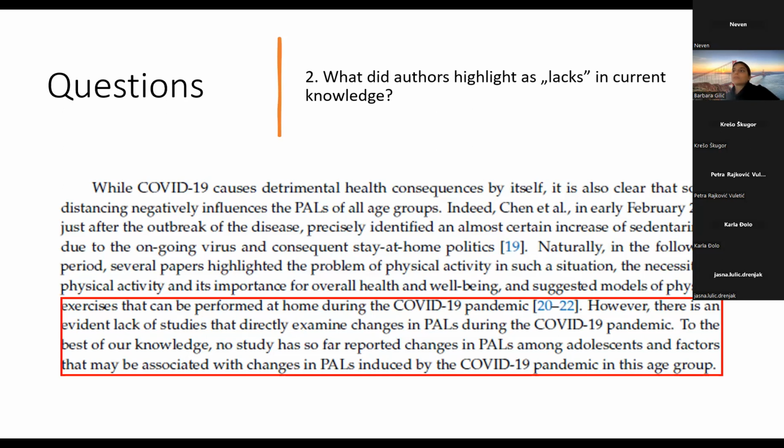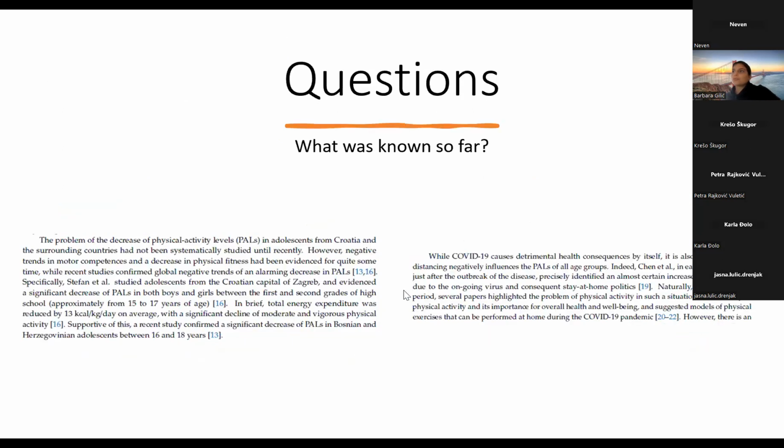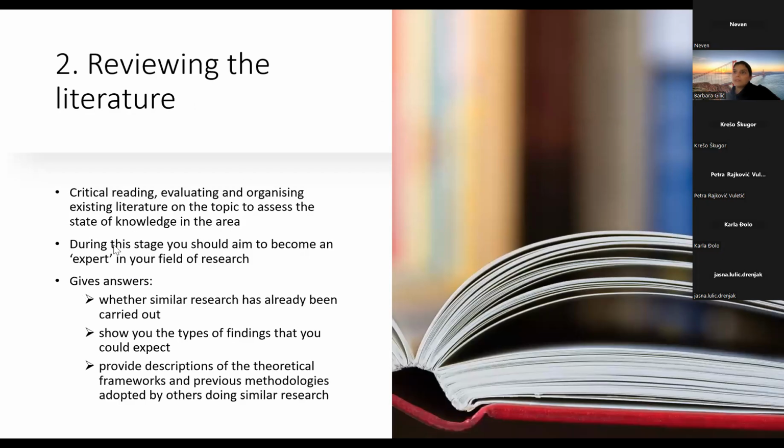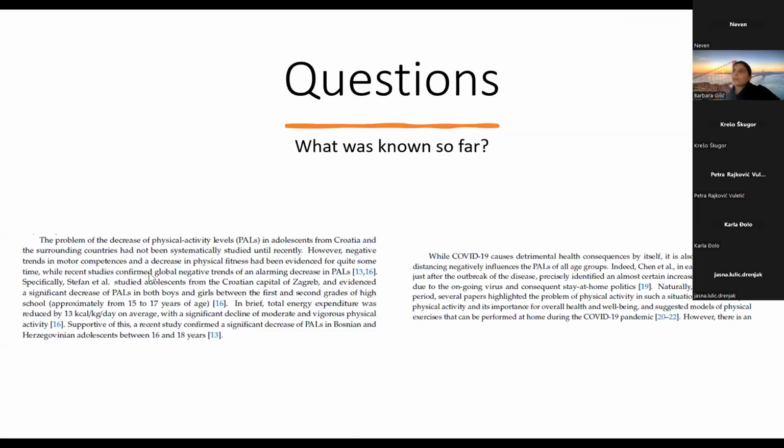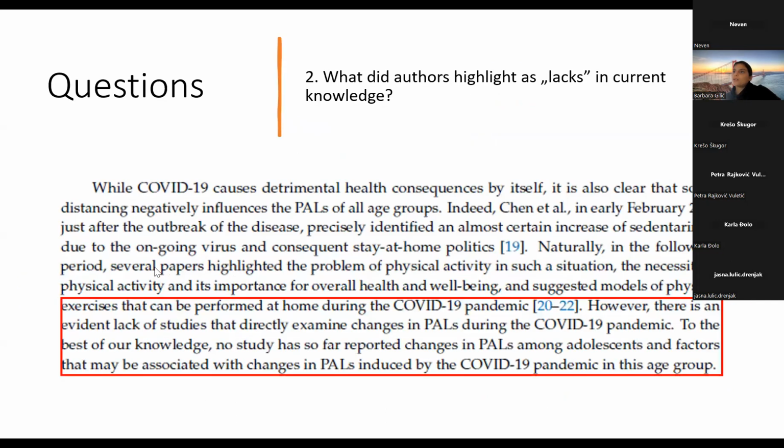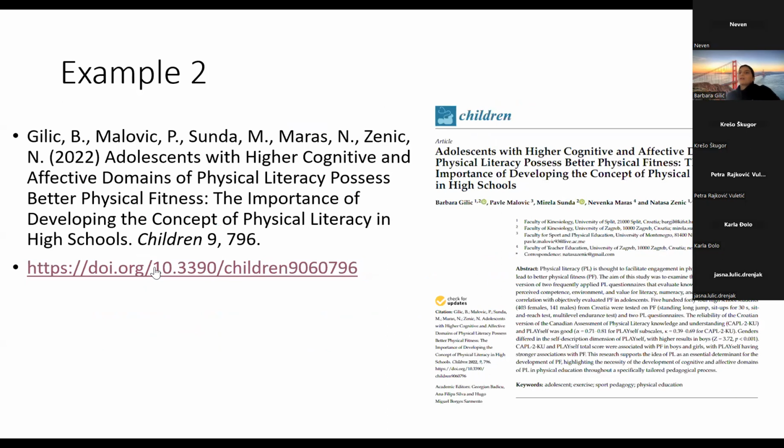So that was actually the theoretical background why we conducted the research. That's why it was very important to review the literature, to have those questions which we wanted to answer by our research. Okay, now example 2.